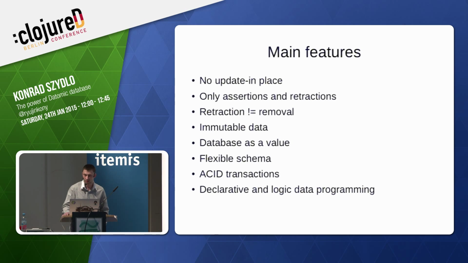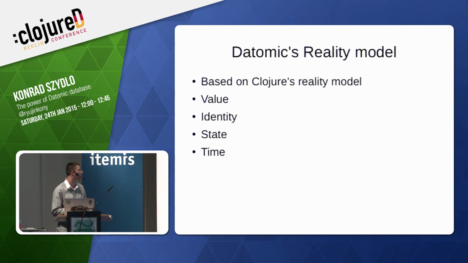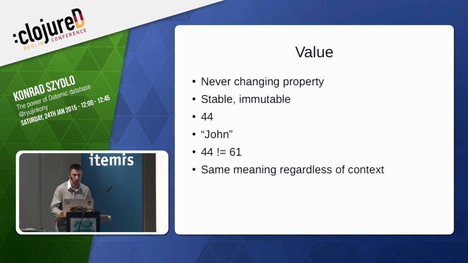Datomic was created by Rich Hickey, the same person who created Clojure. That's why it shares the same philosophy as Clojure and that same reality model. So I would like to briefly mention how Clojure and Datomic think about value, identity, state, and also time. So value, it's a never-changing property. It's stable and immutable.